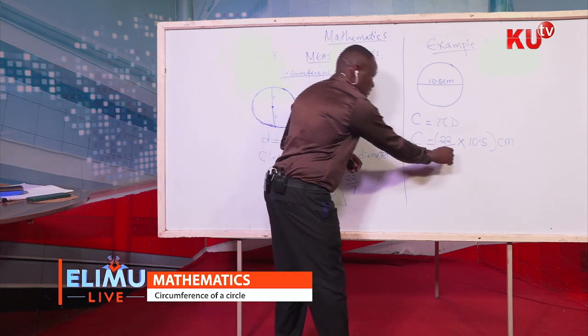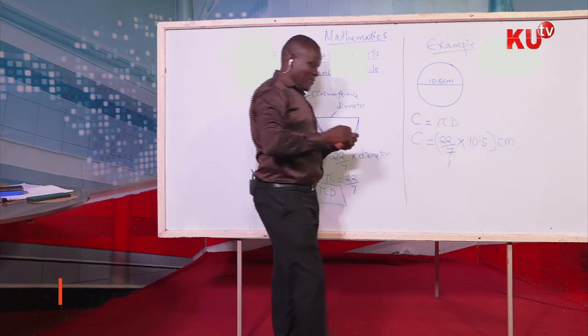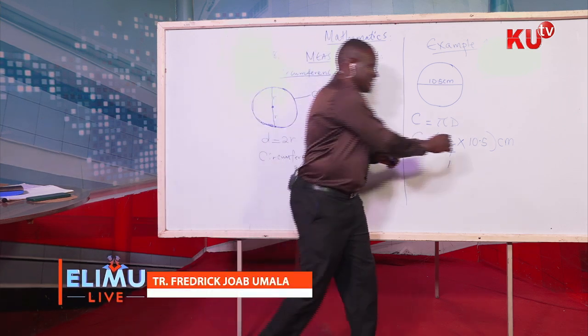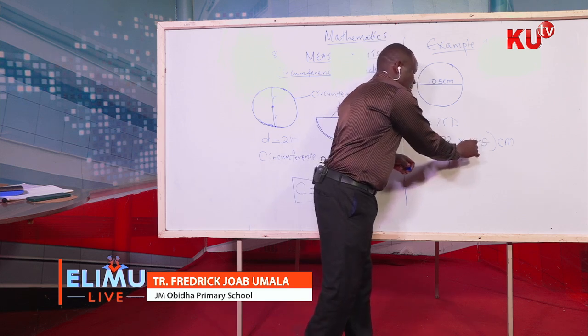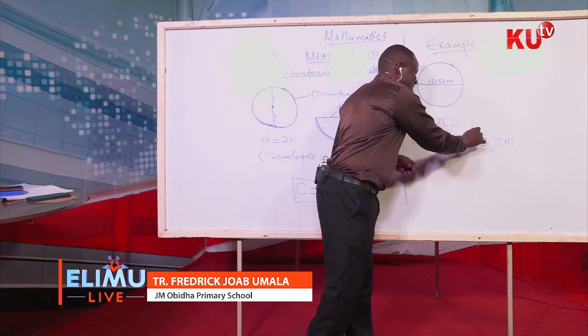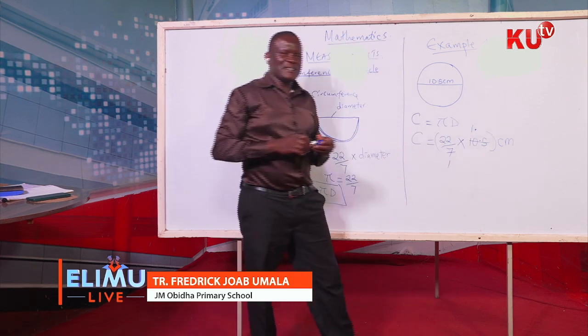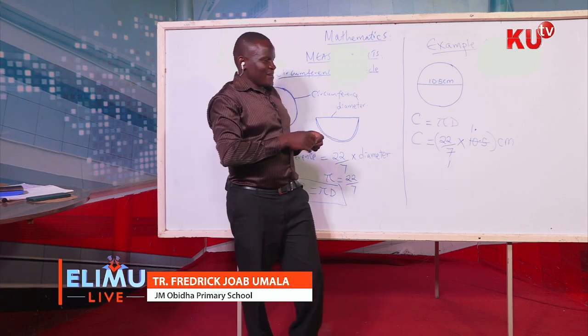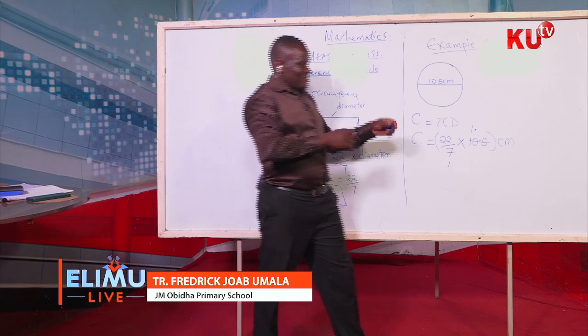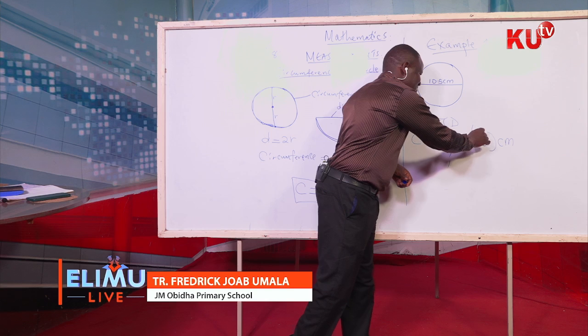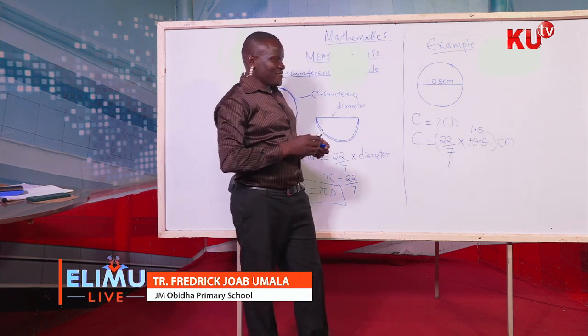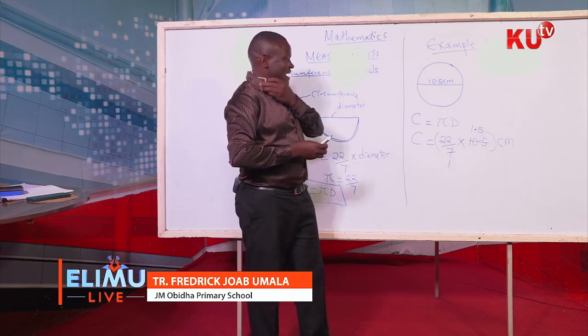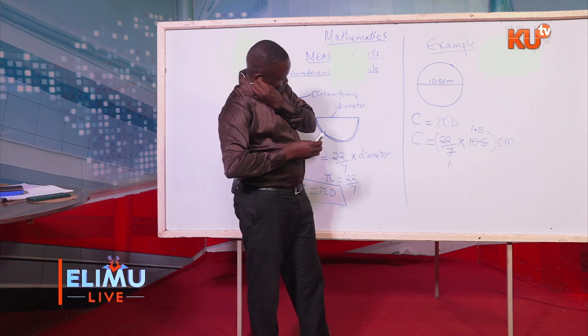7 will go into 7 once, into 10 once. We put our decimal point, remainder 3, into 35 5 times. So we have 22 and 1.5.